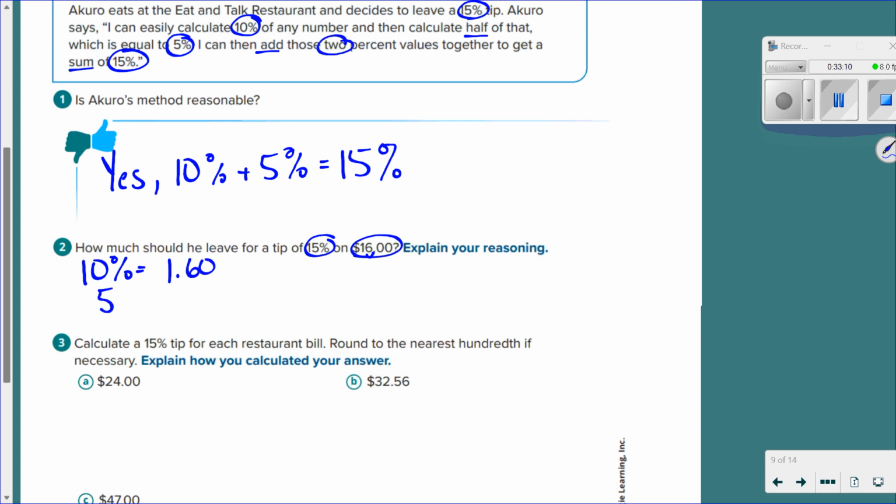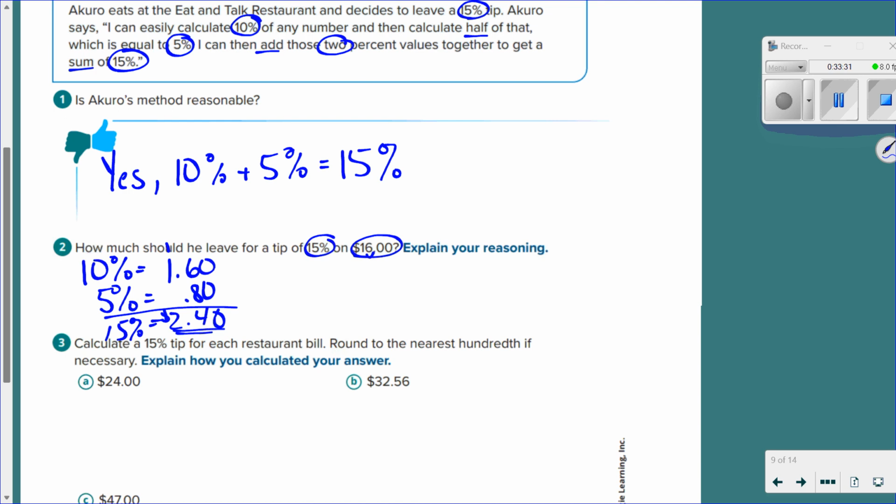Okay. 5% means that it's half of that. What's half of $1.60? 80 cents. And then for my 15, I put those together. My decimal comes straight down. So 15% is $2.40.